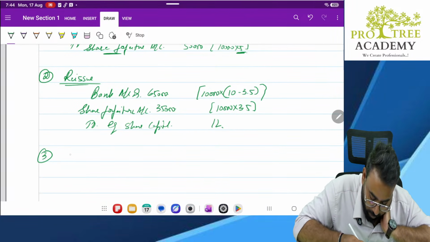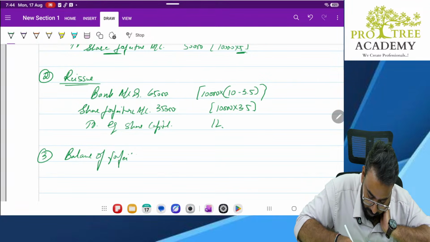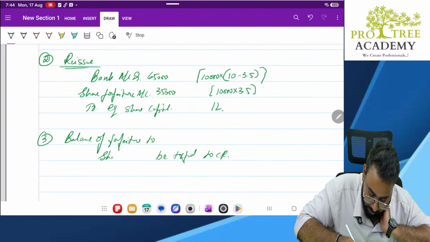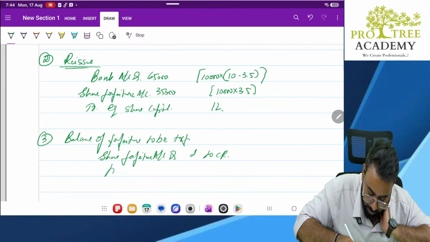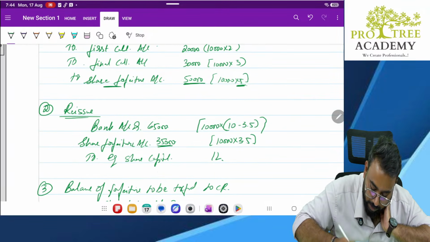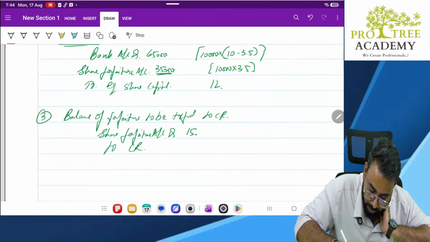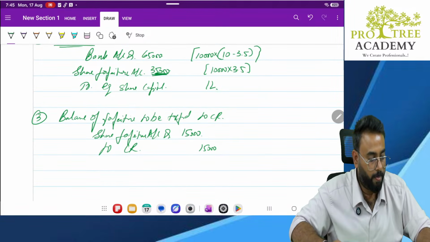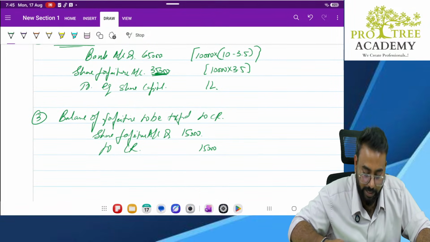Now, the balance in the forfeiture account has to be transferred. Correct? Now, what is the entry? Share forfeiture account debit to capital reserve. How much is the balance remaining? 50,000 minus 35,000 is equal to 15,000. Clear? That's it.